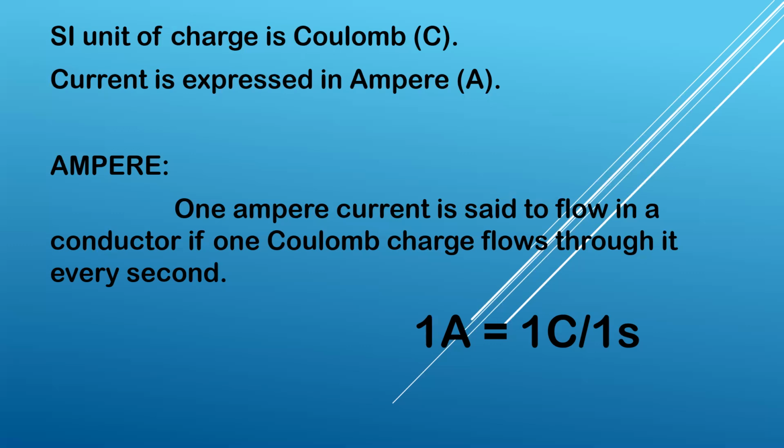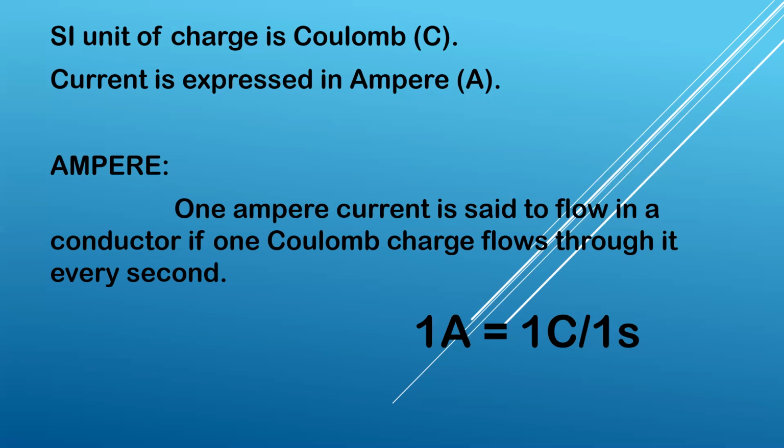What is the formula then about current? Current is equal to Q upon T. Current is denoted by letter I. Charge is denoted by letter Q and time by T. So I is equal to Q upon T. Got it? Then afterwards I said the unit of charge.